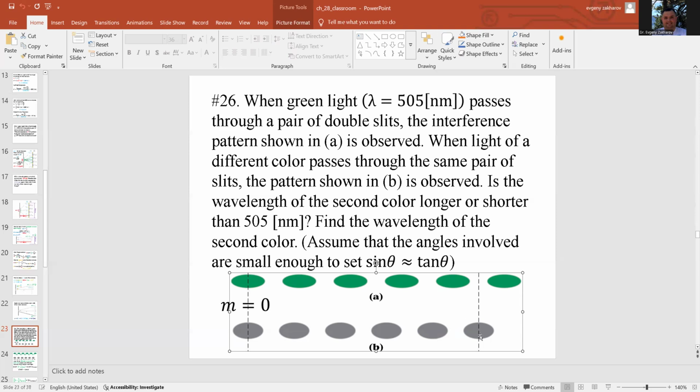So there is a special condition that is just given that the fifth maxima of the second light is actually right in the middle between number four and the five maxima of the green light. So if it's right in the middle, that means that it's going to be a minimum for the green light. So minimum for the green is maximum for the unknown light, and that's what we're going to use to solve for the unknown color.